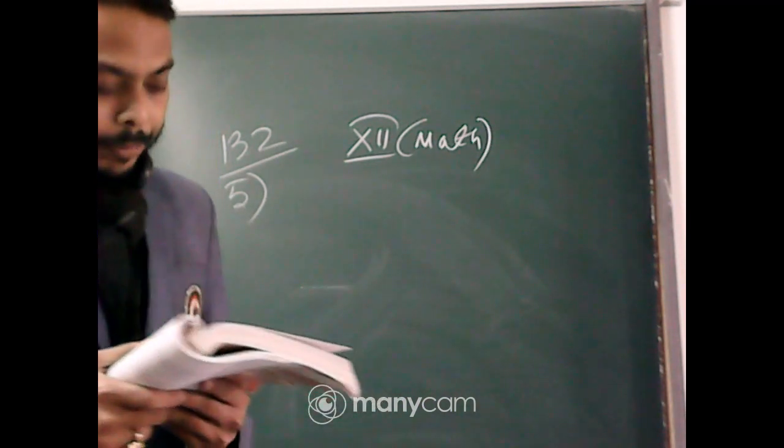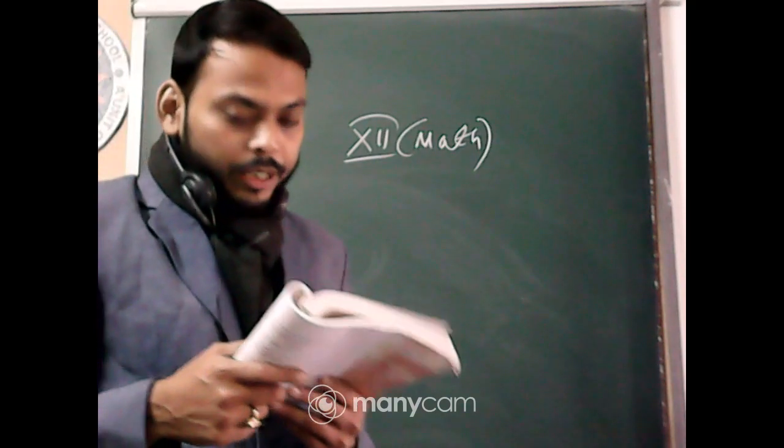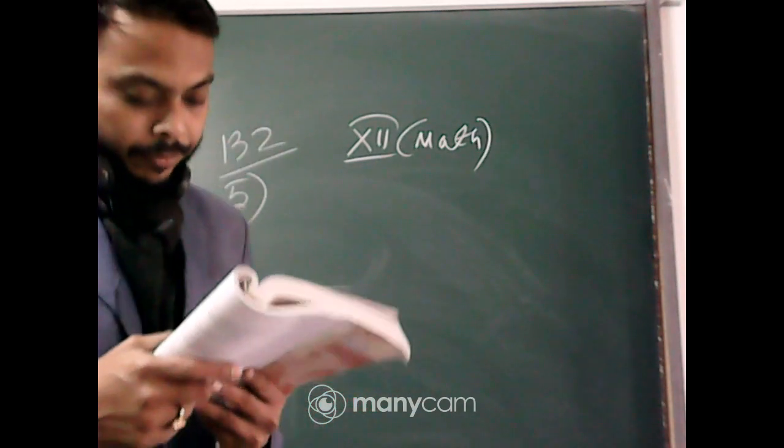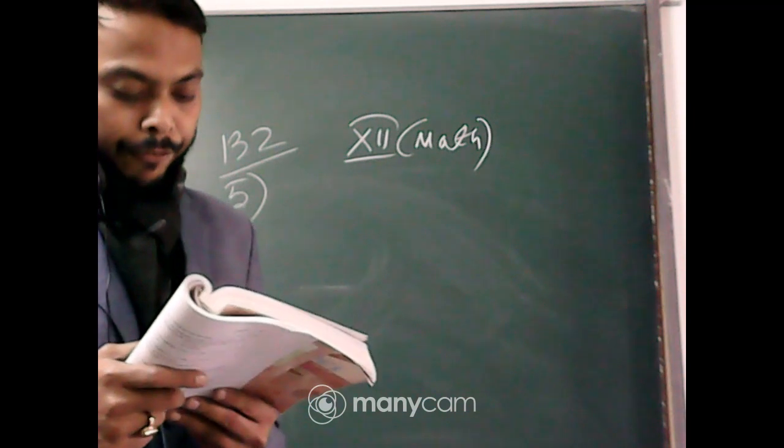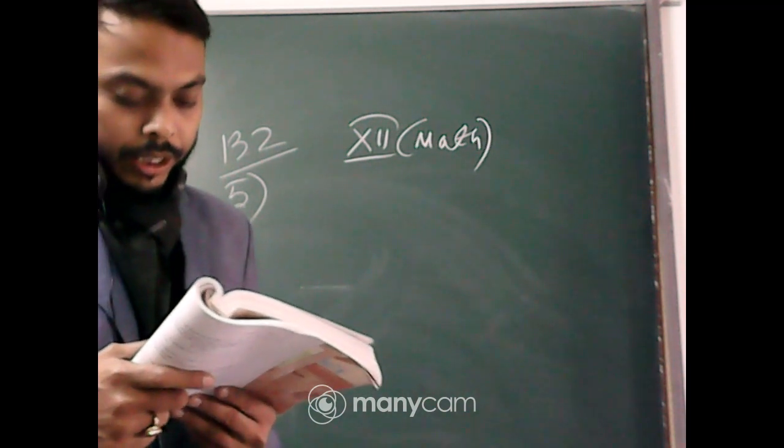So go through the problem. A die marked 1, 2, 3 in red and 4, 5, 6 in green is tossed.